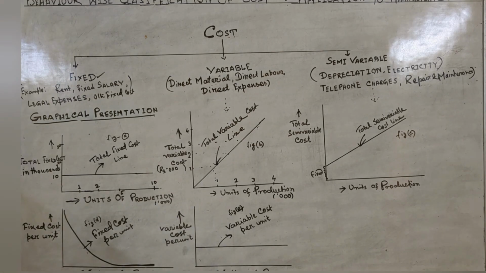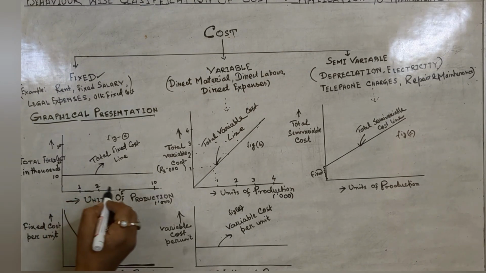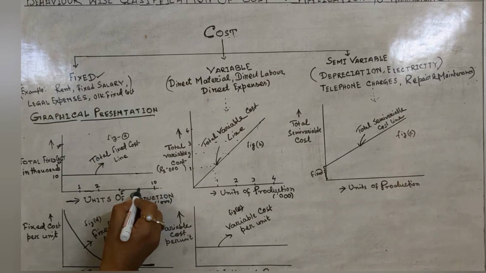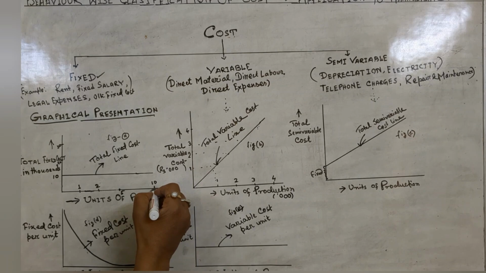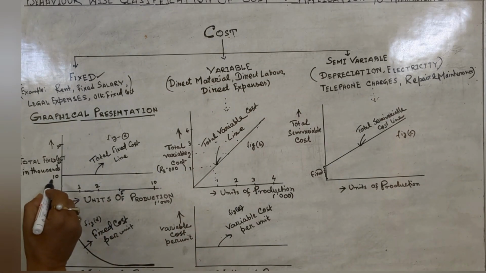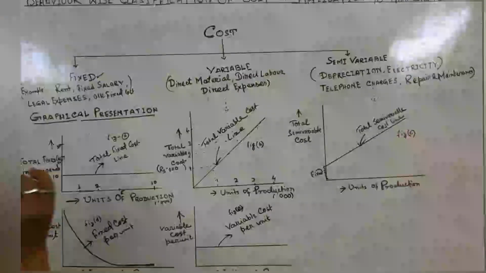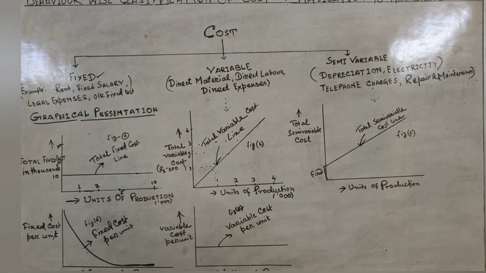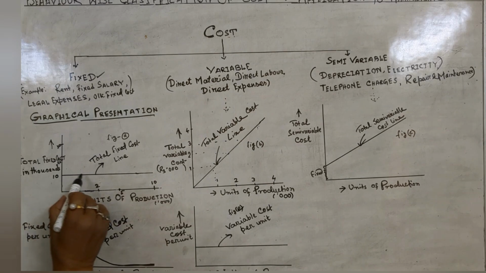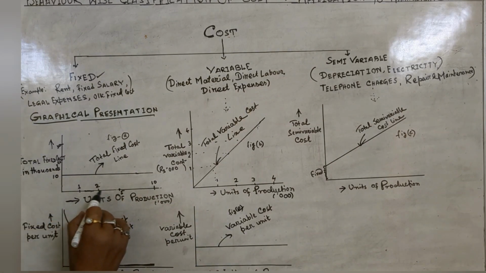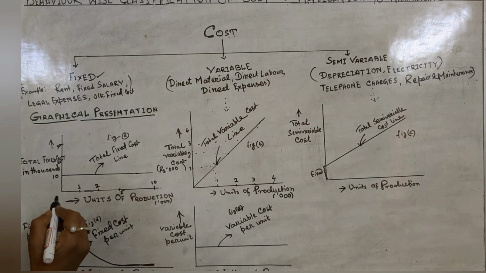And if the production increases to 1,000 units, 2,000, 3,000, 4,000, say the full capacity for the period is 10,000 units, still the fixed cost remains 10,000 rupees. This is the concept of fixed cost line. That's why the line is a straight line parallel to the x-axis, units of production.